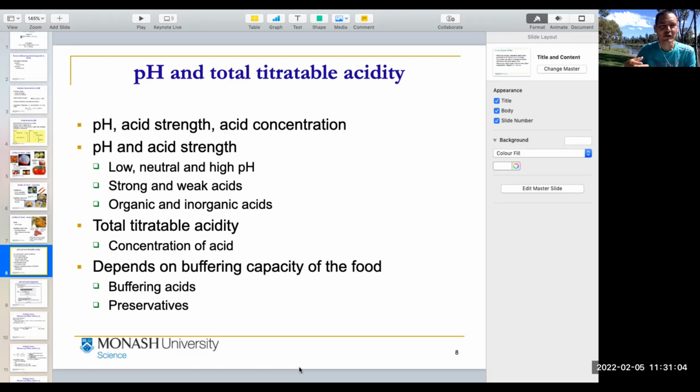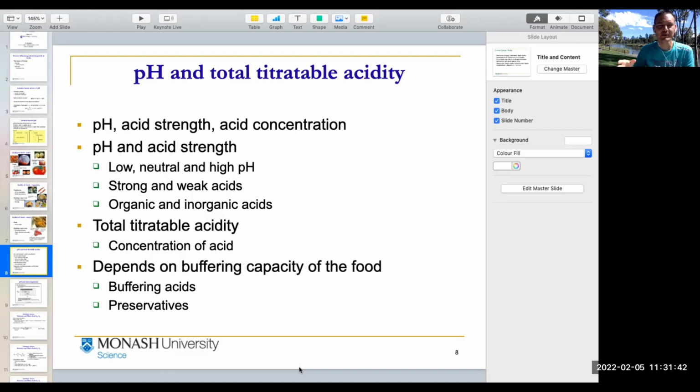Therefore, if an acid is strong, then it readily dissociates and is able to enter the bacterial cell and affect a reduction in pH. That's the difference between strong acids, which dissociate readily and to a higher degree, whereas weak acids have a much lesser degree of dissociation.